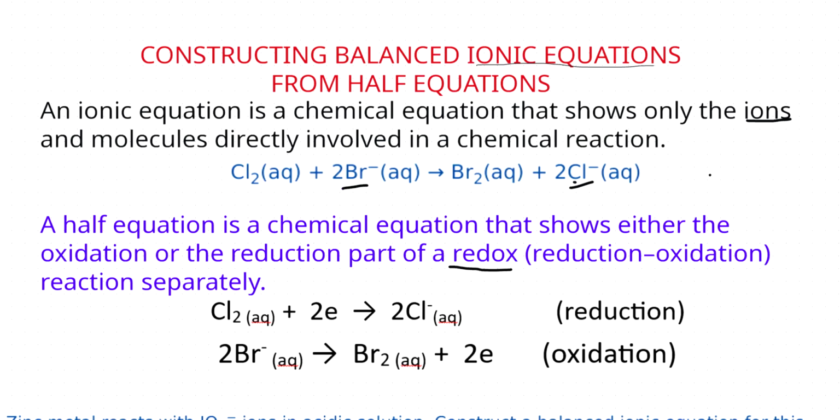Now, there are so many definitions for reduction and oxidation, but the most common one that we're going to employ in this class is the one that has the acronym OIL RIG, in which the O represents oxidation. That means oxidation is loss of electrons, while reduction is gain of electrons.